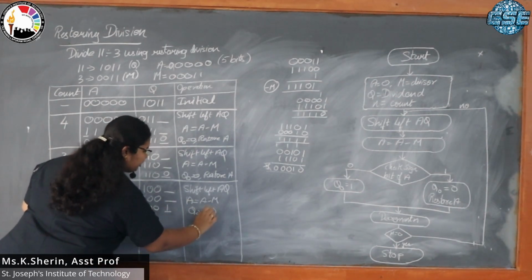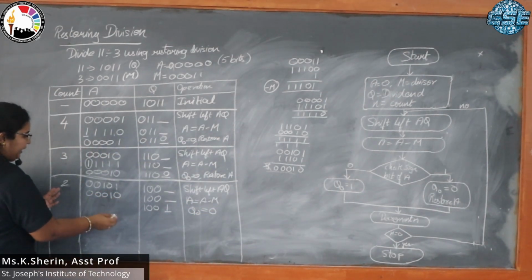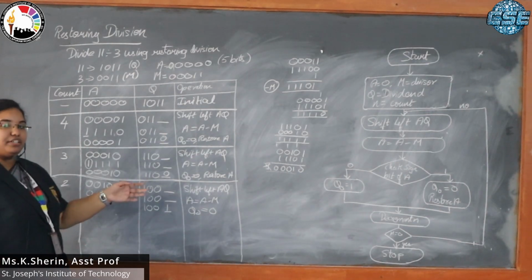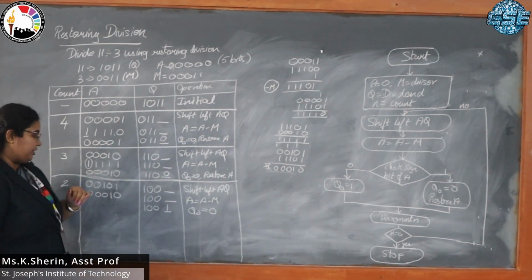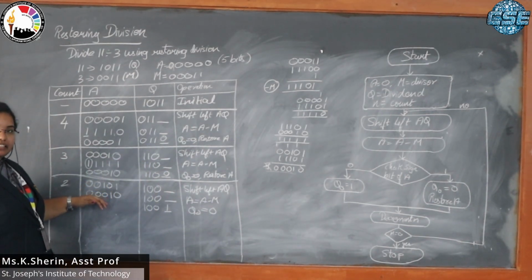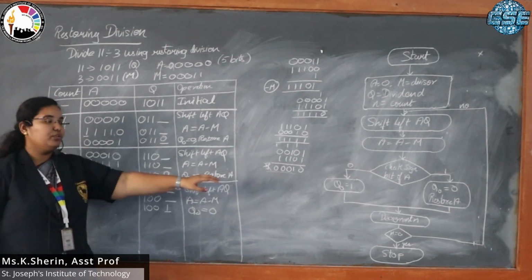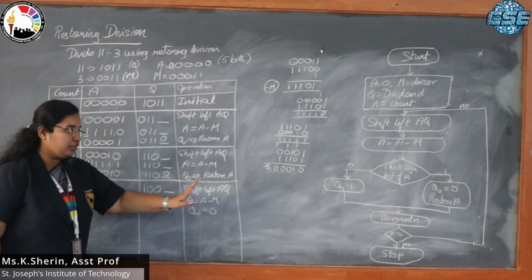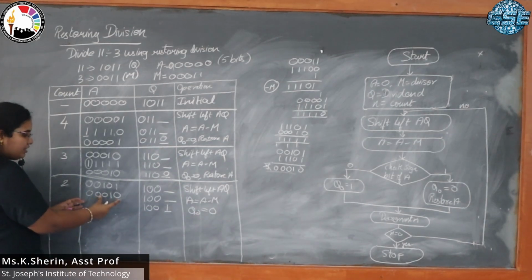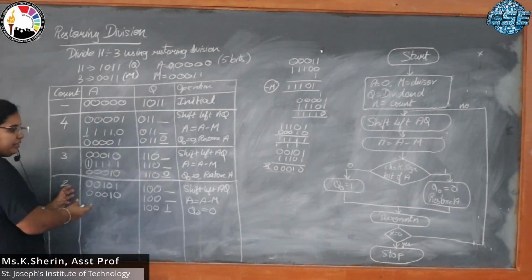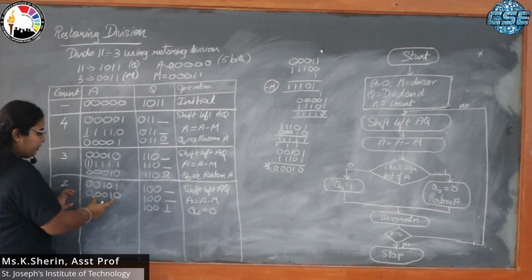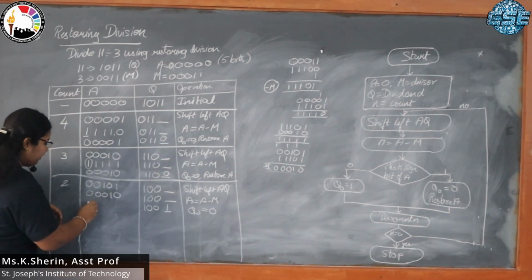I'm writing the operation over here Q naught equal to 0, and A I'm writing as it is. Since while writing the restore A operation, I was skipping the previous condition and writing the original A value. Since I don't have restore of A here, I'm writing the same procedure, what A equal to A minus M provided.